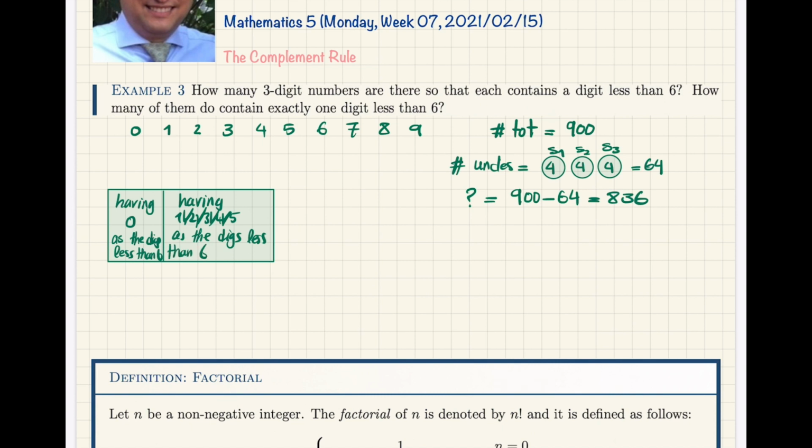So I am interested in both of them. I will count the number of elements here, the number of elements here, and then add them. The reason that I can use the addition rule is because there is no item in common between these two parts. Yes?